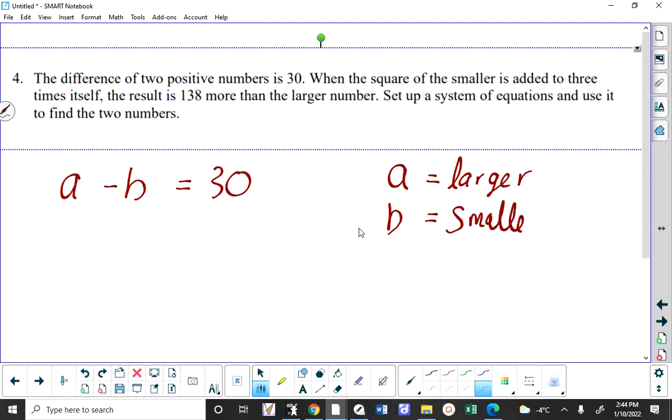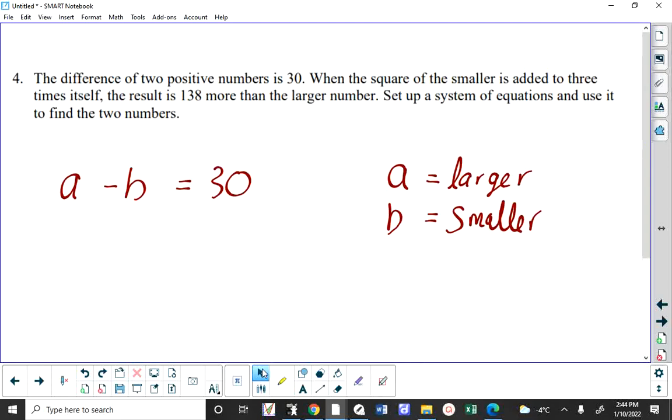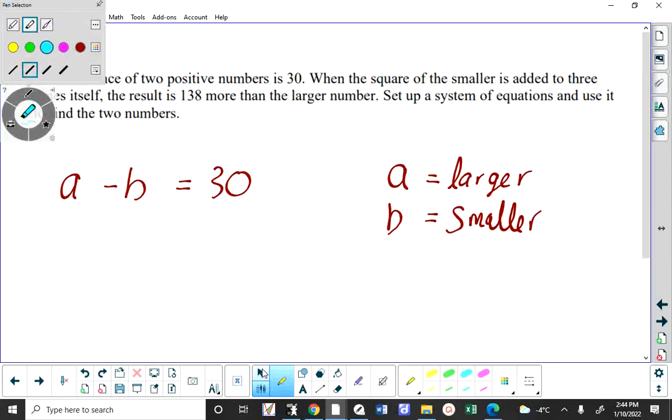So I know I've explained this to you before somewhere else, but when you write an English sentence in math, certain words are written with certain mathematical symbols. So the square of the smaller is added to three times itself.